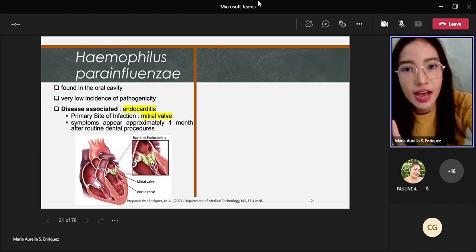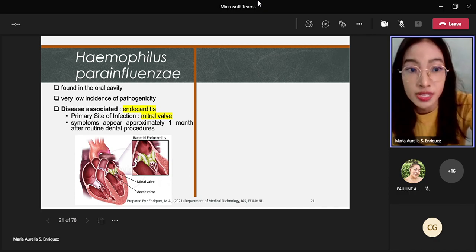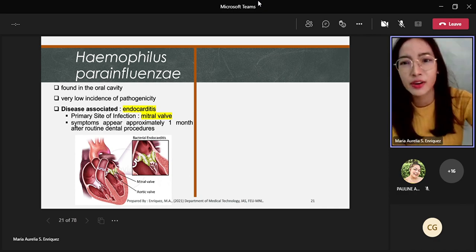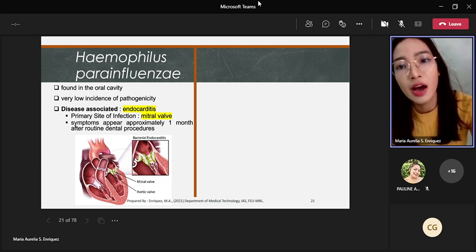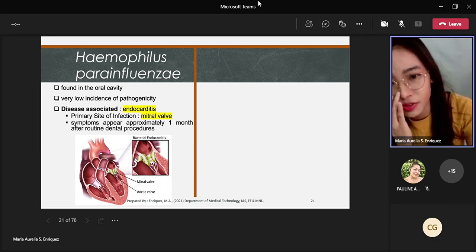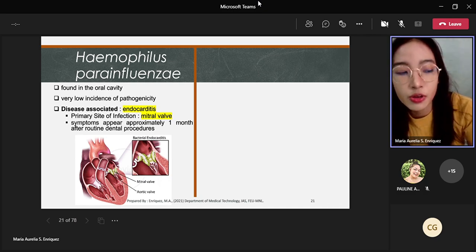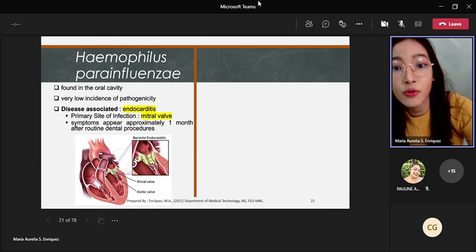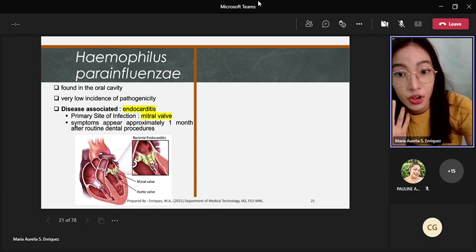And let's now look at two other miscellaneous Haemophilus species. So Haemophilus parainfluenzae, nabanggit na po natin to kanina, di ba? Along with other parts of our lecture, what did we say about the Haemophilus species with the prefix para? Di ba po? Those with the prefix para only require the V factor. So Haemophilus parainfluenzae can be isolated from the oral cavity of humans.